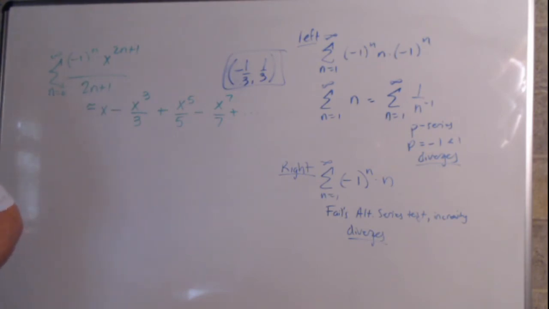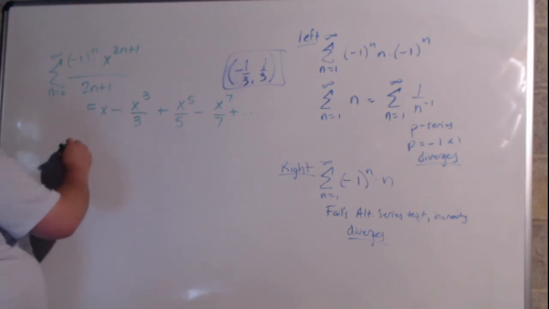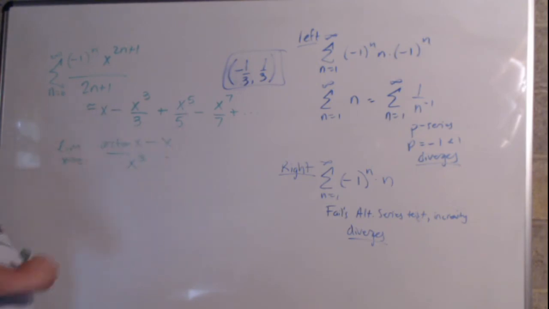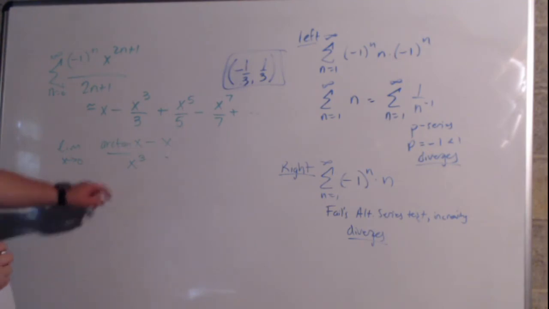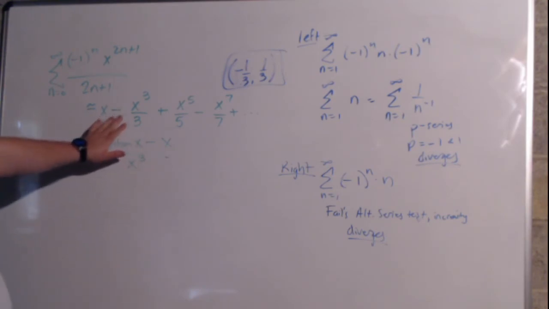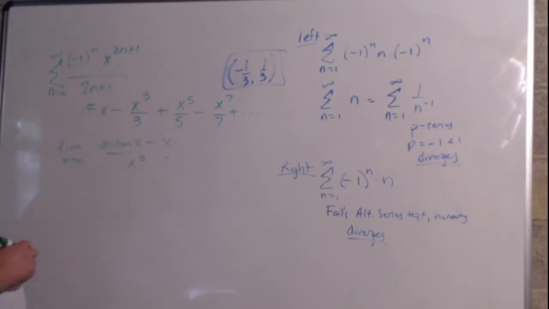The limit we're looking for is the limit as x approaches 0 of arctan x minus x over x cubed, right? So I just need to plug in for arctan of x. Let's plug in the first 3.